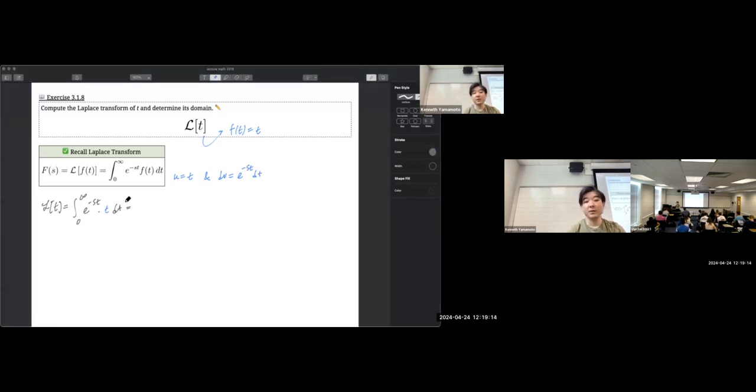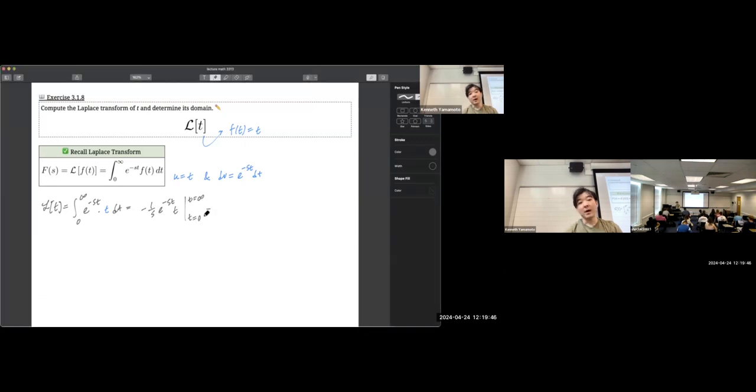Then what this ends up becoming is I'm going to integrate the e to the negative st with respect to t. So we're going to treat s like a constant. It's going to be negative 1 over s e to the negative st, because the derivative of this will pop out a negative s that gets canceled with this, times the t. And then you look at this from t equals 0 to t equals infinity.